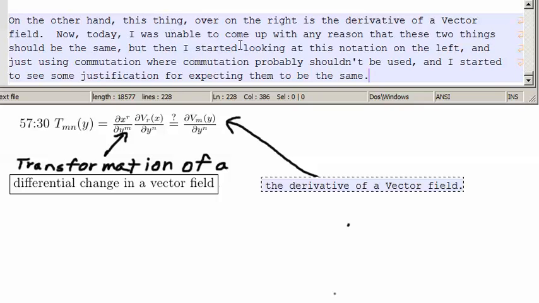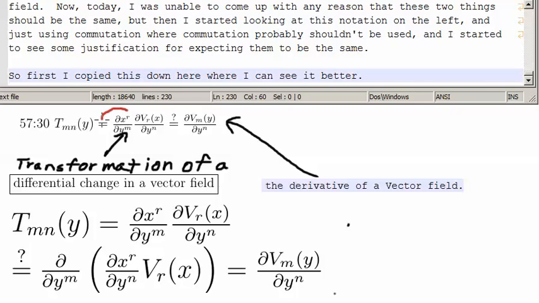Now today I was unable to come up with any reason that these two things should be the same, but then I started looking at this notation on the left and just using commutation where commutation probably shouldn't be used, and I started to see some justification for expecting them to be the same. So first I'm going to copy this down where I can see it better.